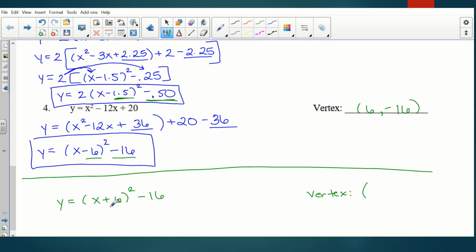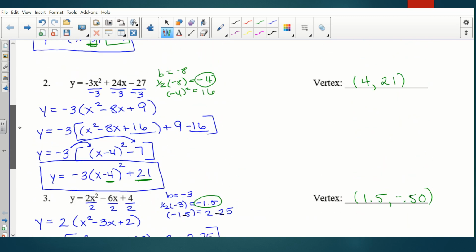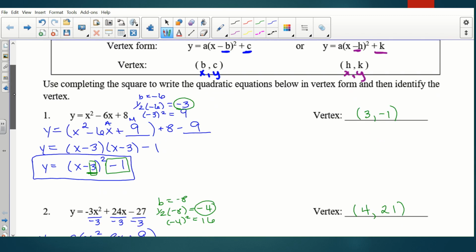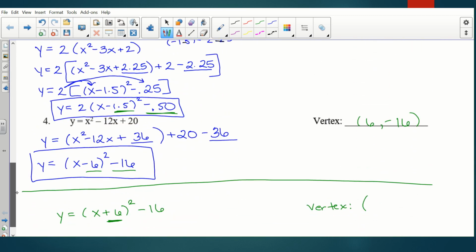this x value right here, remember, in our original equation, we had x minus h, or x minus b. And that h and b, if we go back up here, represented the x value of our vertex. But now, instead of x minus that value, I have x plus that value.